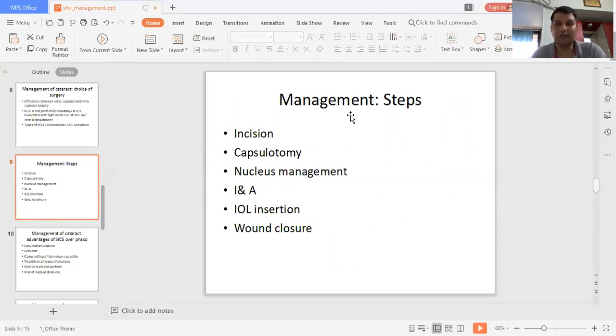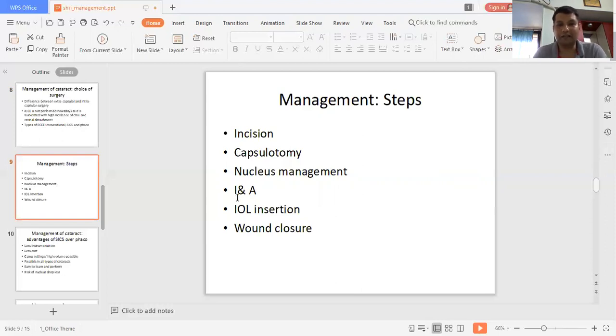Once we remove the nucleus, part of the soft nucleus or epinucleus is left behind. Sometimes the epinucleus gets removed along with the nucleus, but sometimes it gets left behind. So we have to remove the epinucleus, and then we have to remove the lens cortical fibers.